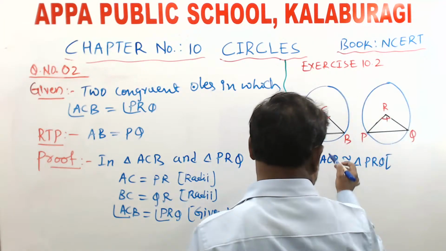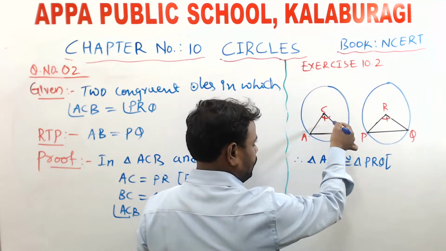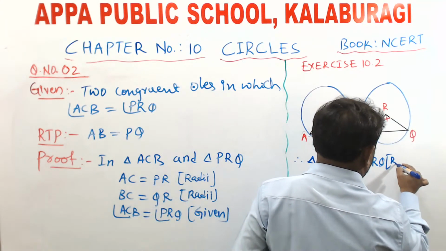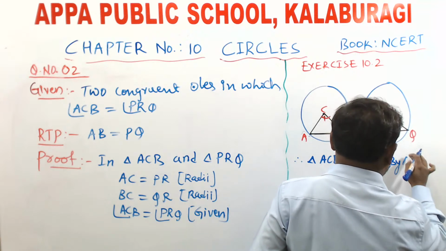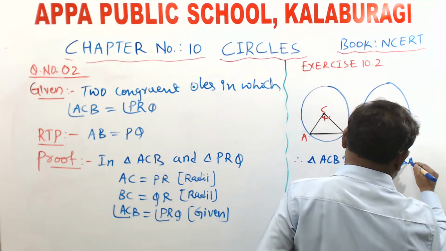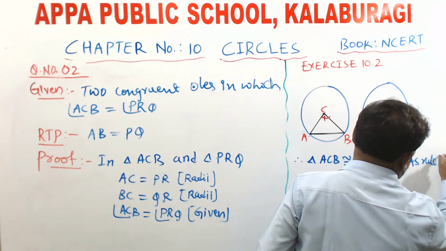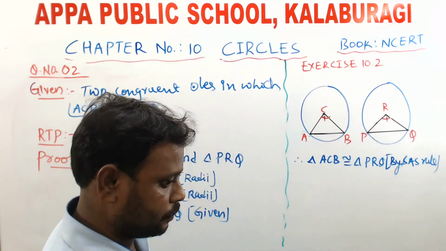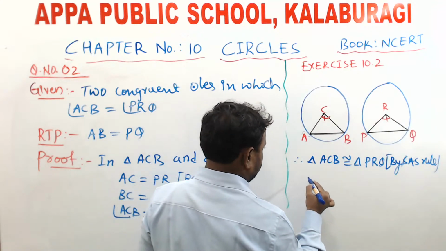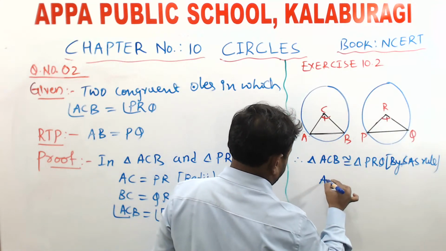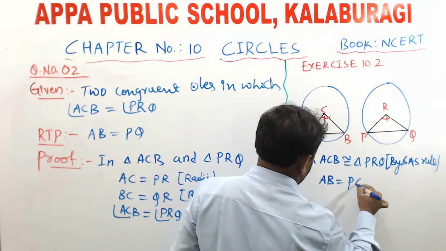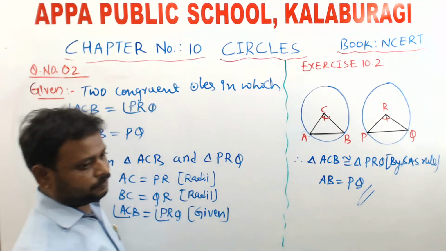Listen here: side angle side, by SAS rule. So hence we can write AB is equal to PQ. Hence we prove this.